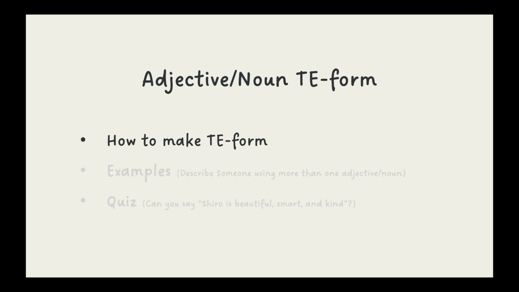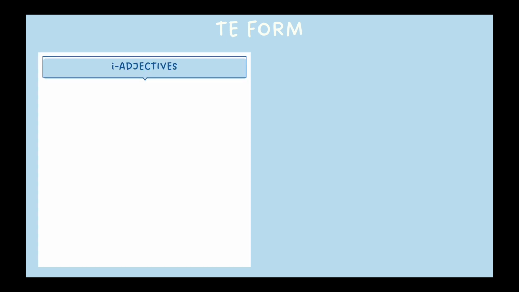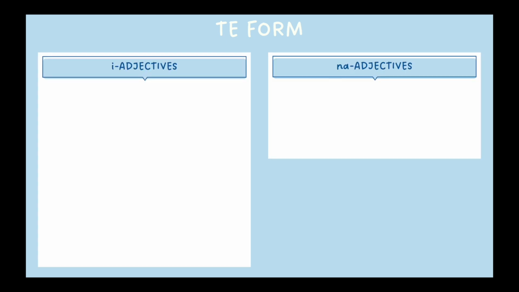Let's learn how to make the te forms for adjectives and nouns. First of all, remember that adjectives in Japanese have two types, i-adjectives and na-adjectives. For i-adjectives like 大きい, big, we simply drop the final i and add KUTE to create the te form.